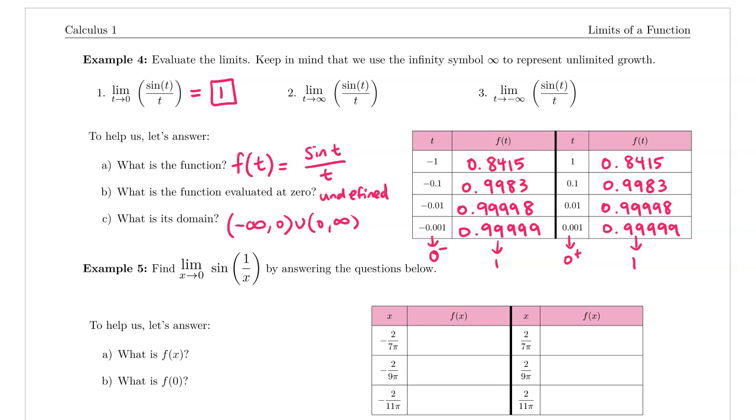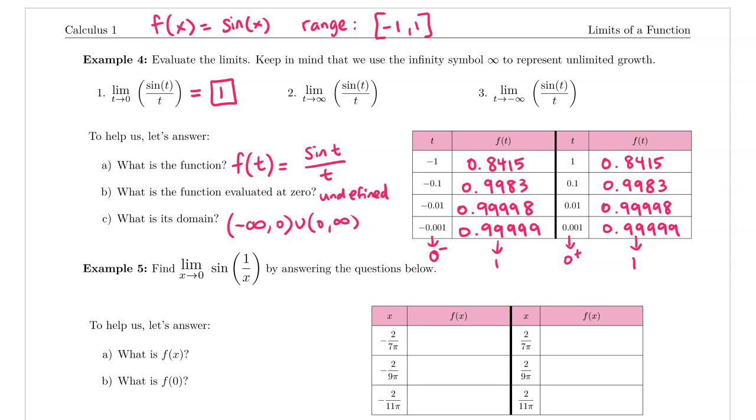Part 2 says we are taking the limit as t approaches infinity of that same function, sine of t over t. So something important to note if we're thinking about this analytically is, if I am thinking about the numerator, which is the sine function, I know that the range of sine is the closed interval from -1 to +1, meaning that my numerator is just going to bounce back and forth between some number between -1 and +1.